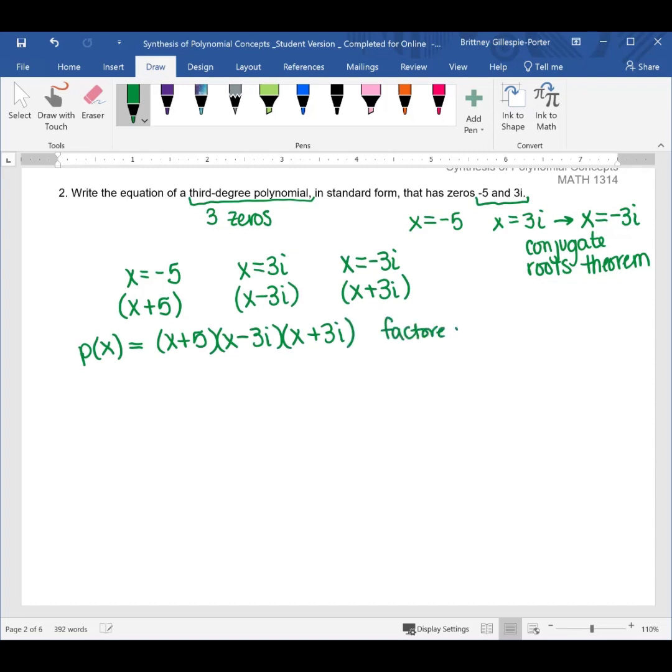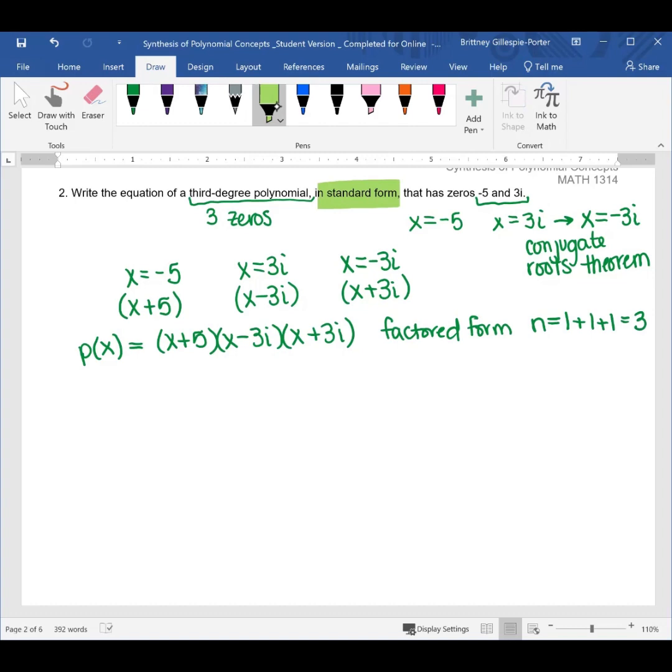And notice that if I were to double check the degree, I would take all of the exponents and I wind up with 3. So I have my third degree polynomial. If it asked for factored form, I would be done. But it specifically asked for standard form, which means that we need to do the multiplication.